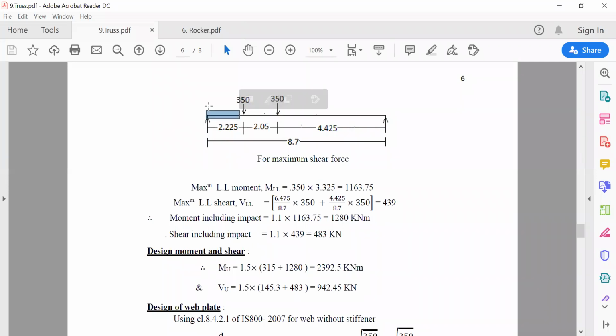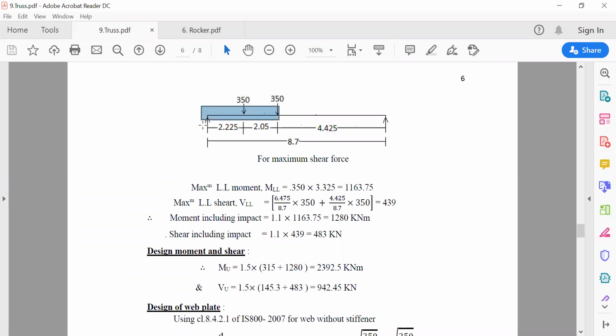Because if you see the diagram of IRC class AA, there is a spacing that you need to give from the edge to the outer track. So you cannot go beyond this. This is the farthest you can place.